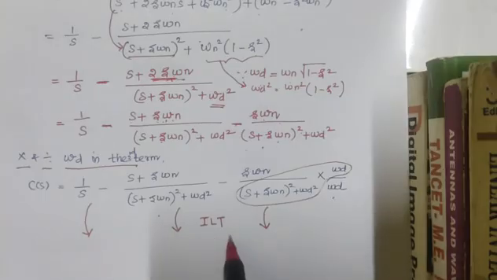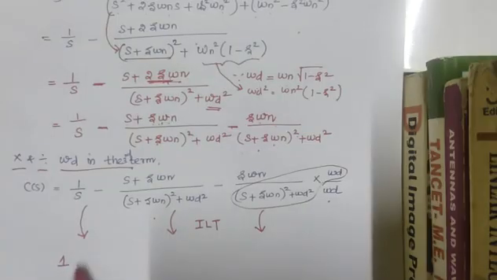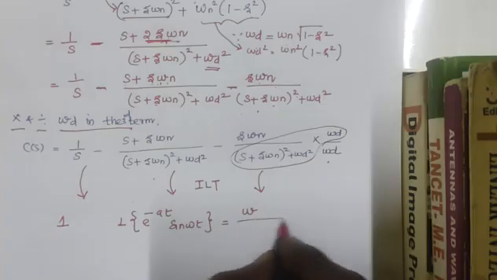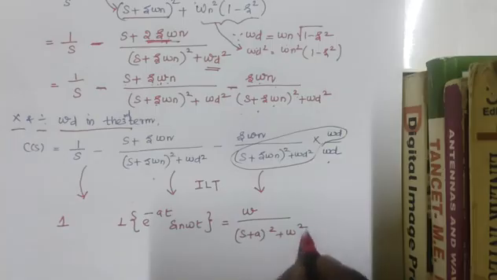Now we are going to apply the inverse Laplace transform. You know that when you take the inverse Laplace transform of 1 by s, it becomes 1. I'll tell you the concept here. If you take the Laplace transform of e power minus at into sine omega t, then the Laplace transform is omega divided by s plus a the whole square plus omega square.